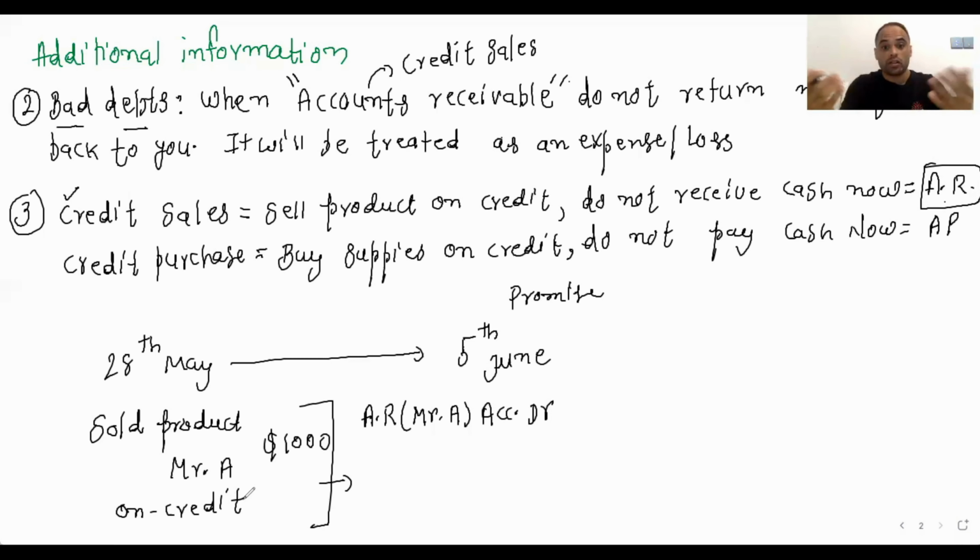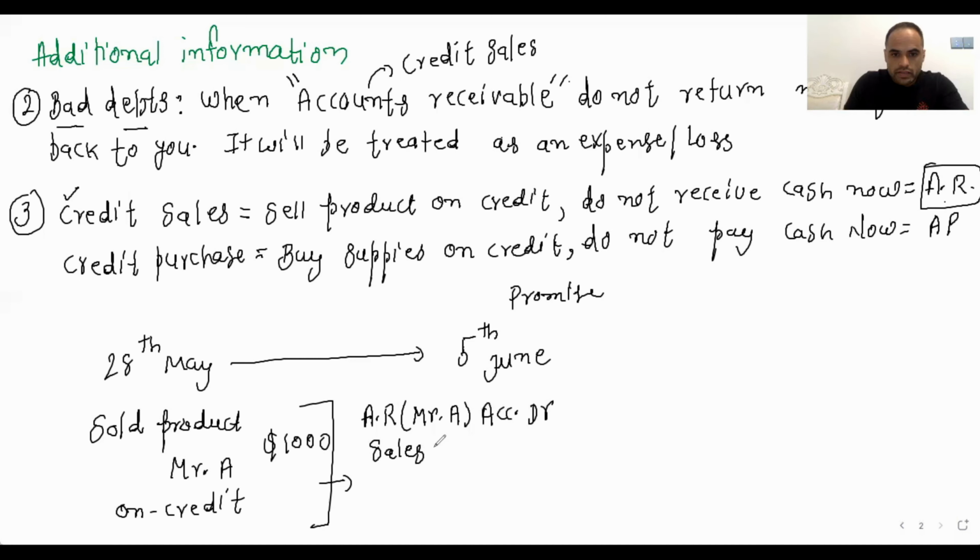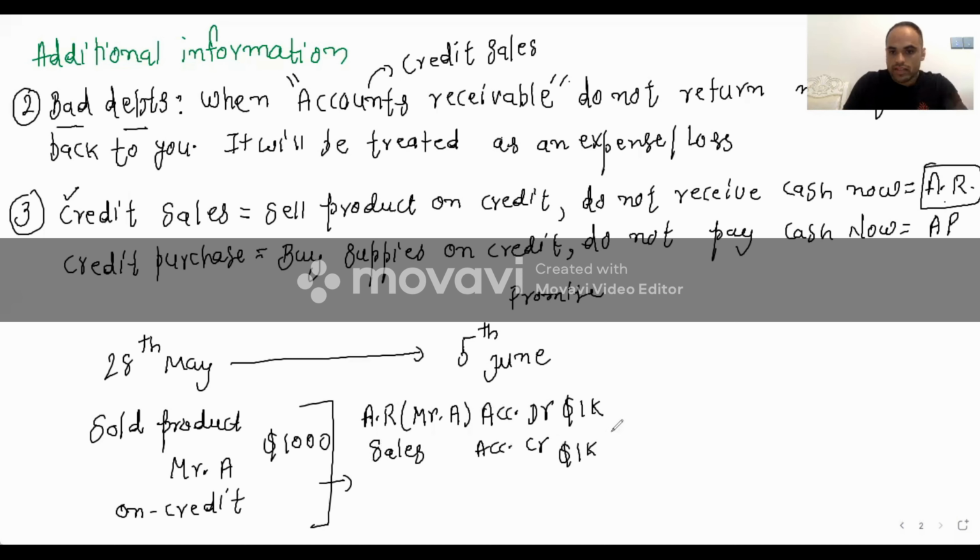So account receivable debit, and the credit should be sales or revenue. Sales account credit, $1,000. That's all. That's what you record on 25th of May.